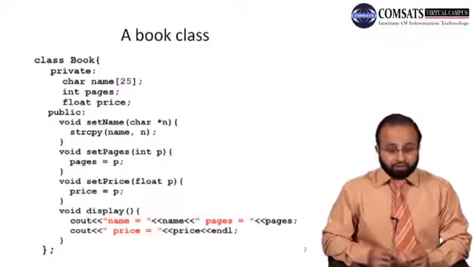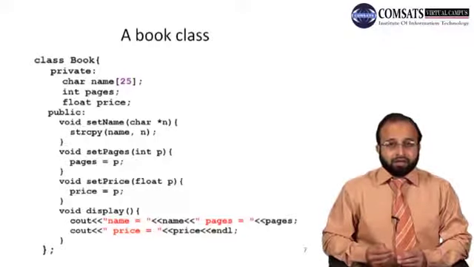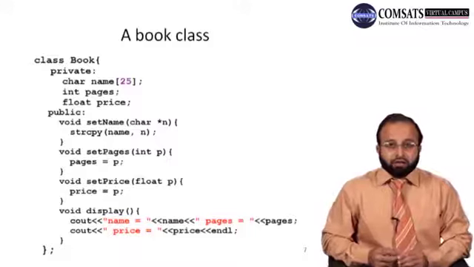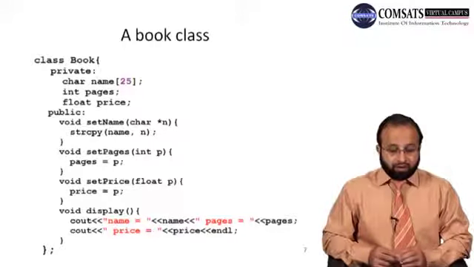So behavior or the functions in the class are public, while the data members of that class are private. This is because when we create an object of the book class, then using that object we are not able to access name, pages or price, right? We cannot write B.